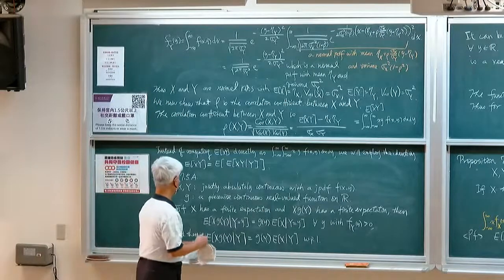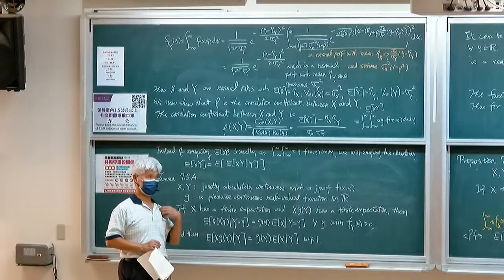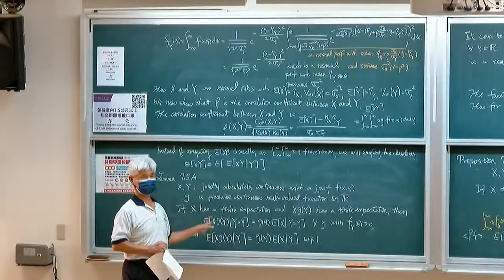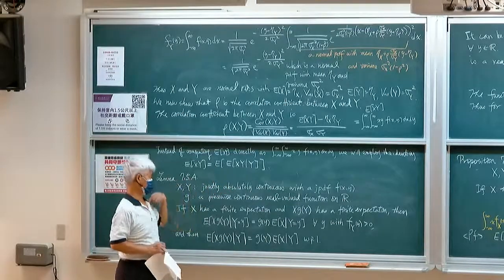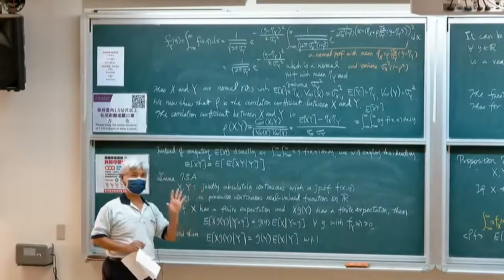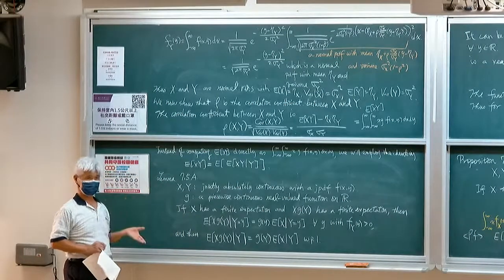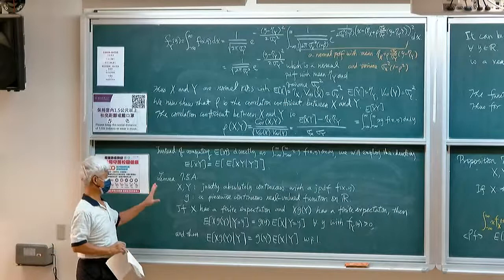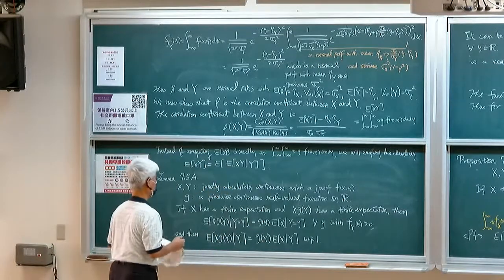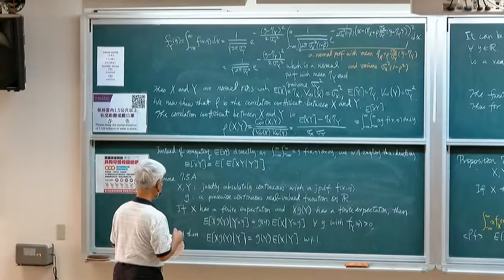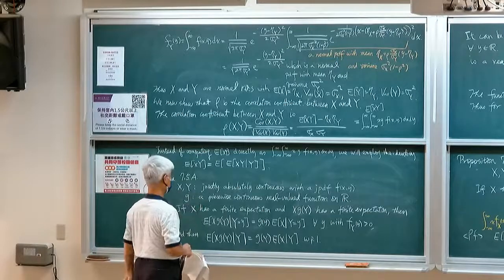And actually, this is an exercise in the textbook. Last night I asked you to prove it when X and Y are discrete random variables, and this is the same if X and Y are jointly absolutely continuous.